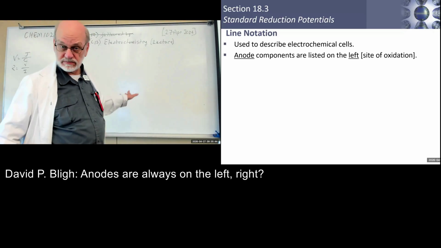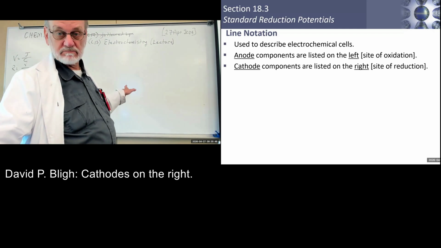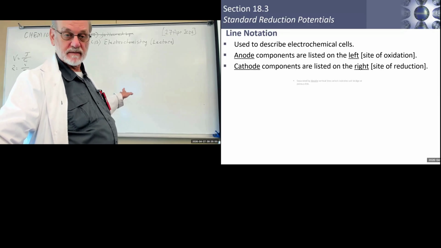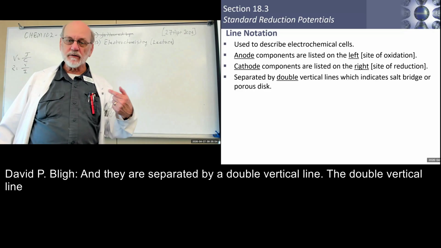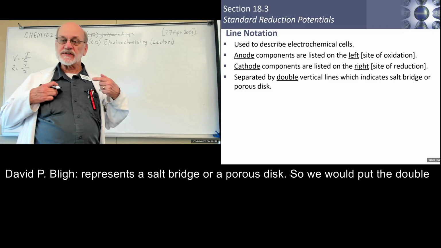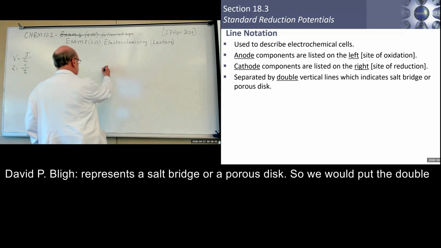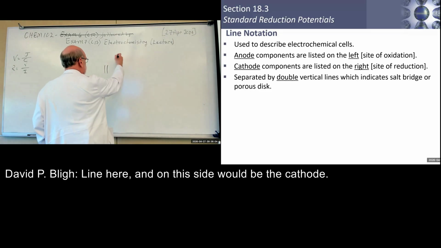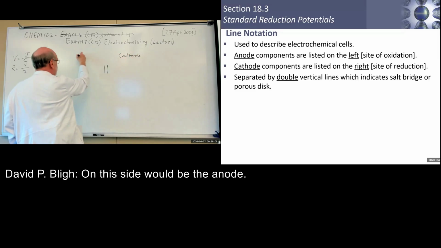Anodes are always on the left, site of oxidation. Cathodes on the right, site of reduction. And they are separated by a double vertical line. The double vertical line represents a salt bridge or a porous disk.